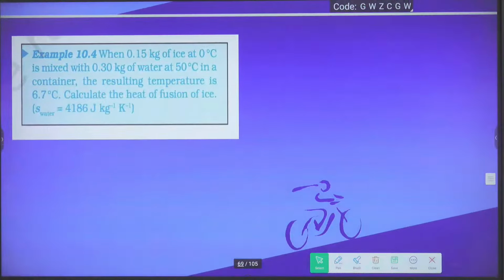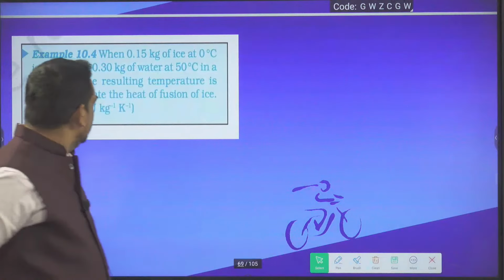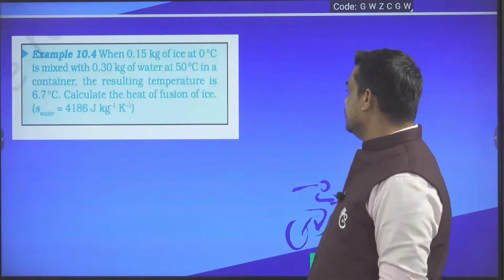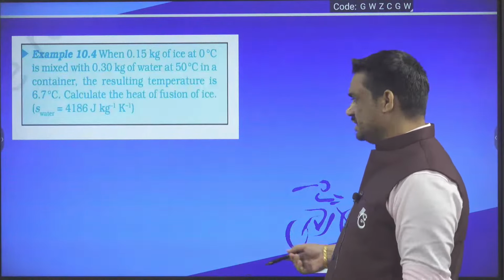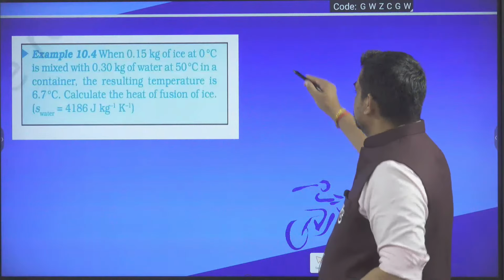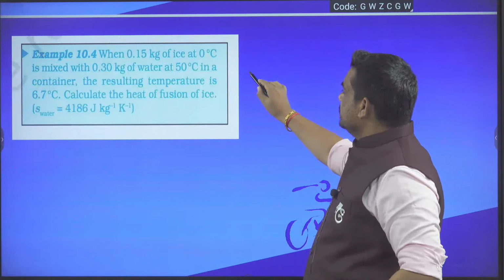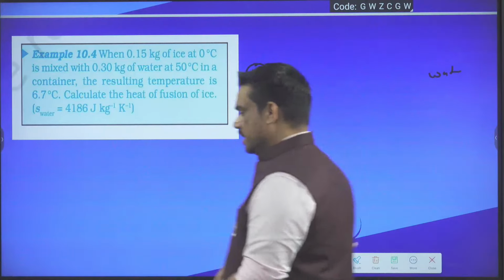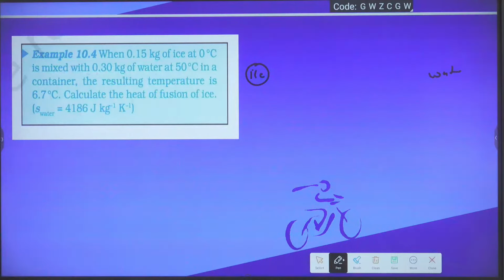Then they are saying when this much ice is mixed with the water in a container, the resulting temperature is 6.7. Calculate the heat of fusion. Calculate the heat of fusion is nothing, because you know that in this case, this side ice is there, this side water is there, and one will take and one will release the energy.